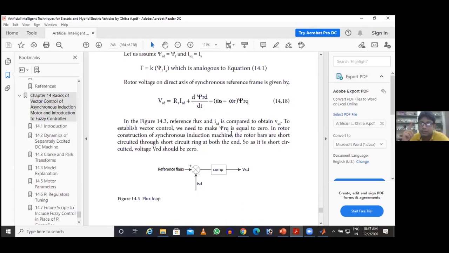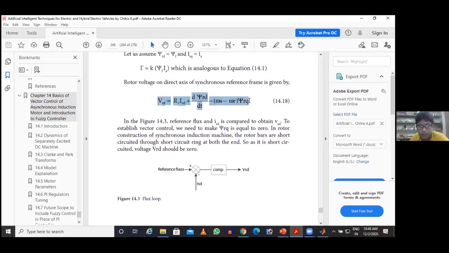That position identification is very, very important, because you remember in the Clark and Park transform, they need a theta. That theta is basically the instantaneous angle of the rotor flux. That is very, very important. It is needed. Otherwise, the entire control becomes unstable.